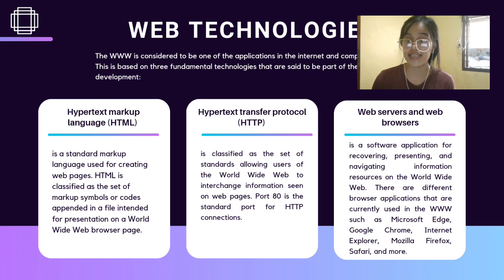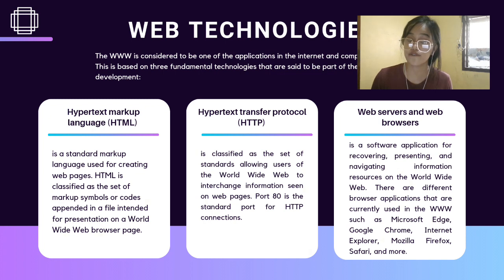The third one is web servers and web browsers. A web browser is a software application for retrieving, presenting, and navigating information resources on the World Wide Web. There are different browser applications that are currently used in the WWW, such as Microsoft Edge, Google Chrome, Internet Explorer, Mozilla Firefox, Safari, and more.